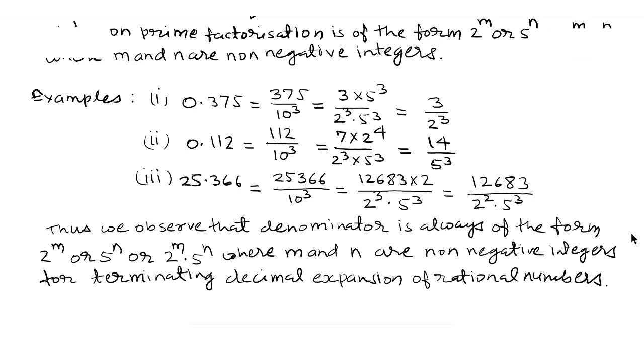Thus, when we have a terminating decimal expansion of a rational number, the denominator must be of the form 2 to the power m or 5 to the power n or 2 to the power m into 5 to the power n.